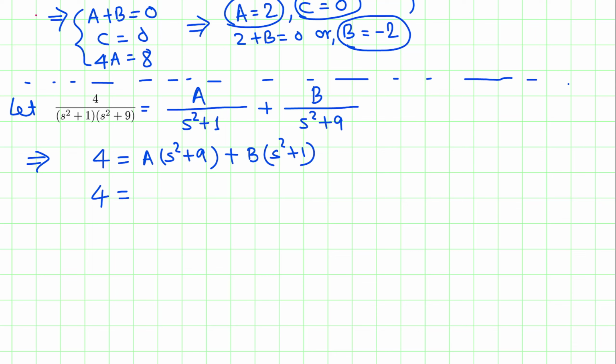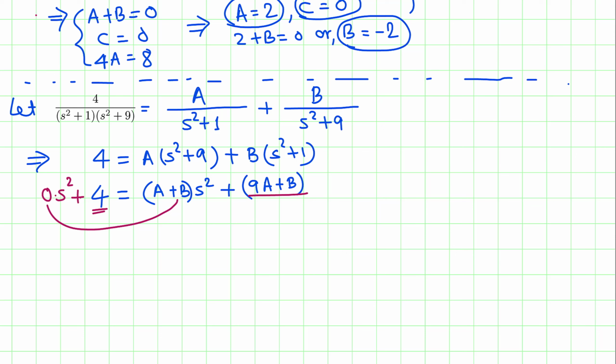So I'm going to combine the first term, a plus b, and 9a is constant, b is constant, so 9a plus b. On the left side we got only 4, which is constant, but we have s squared on the right side, so we can always write 0 times s squared. That means these two coefficients must match, so a plus b is 0 and 9a plus b is 4.